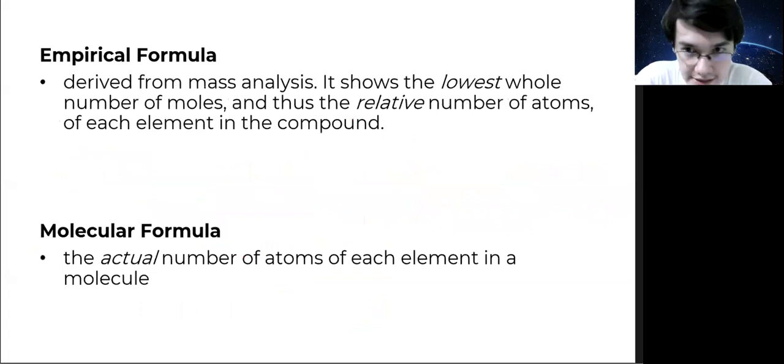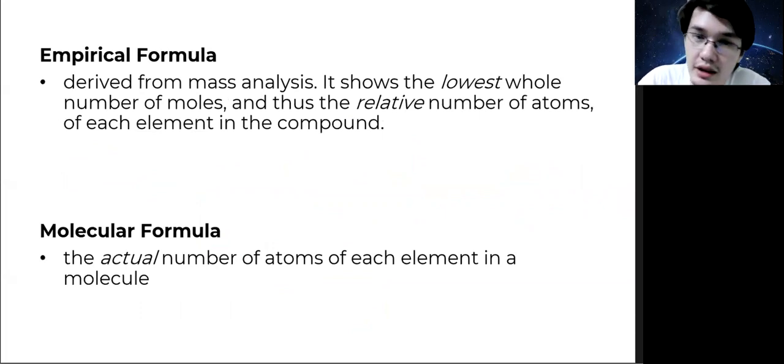So next, we are to determine the empirical formula and molecular formula of substances. Empirical formula basically means the simplest chemical formula for a substance. It shows the lowest whole number of moles and thus the relative number of atoms of each element in a compound.